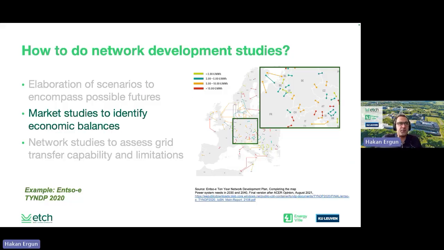In a second step, what we do is to actually conduct some market studies to identify the economic balances. Again, this is a figure that I took from the ENTSO-E TYNDP procedure, from the 10-year network development plan, where a European market simulation is run, considering the cross-border congestion that one might have.